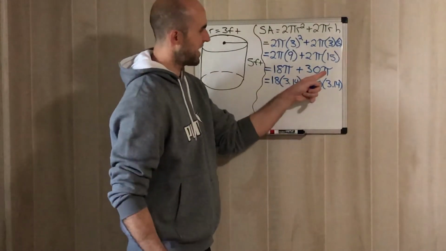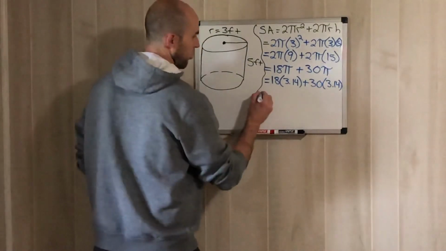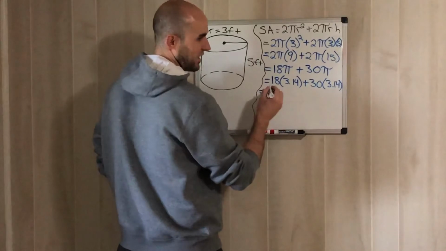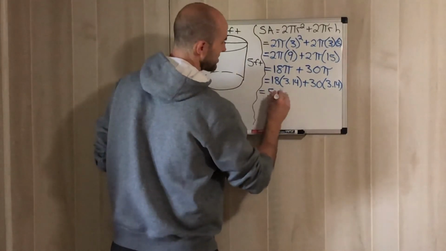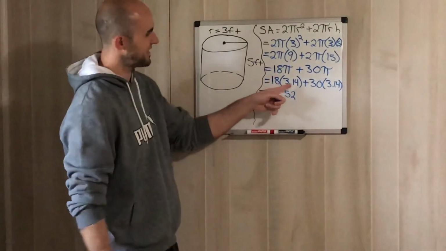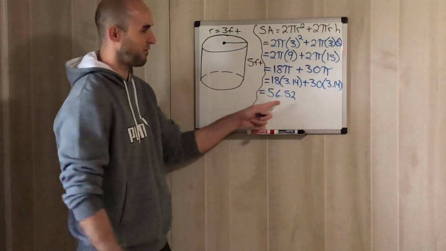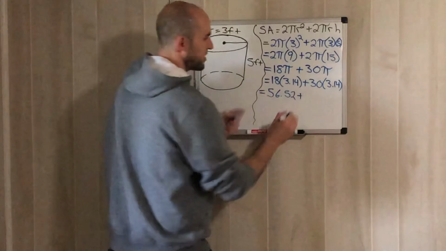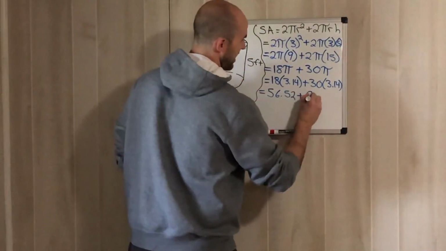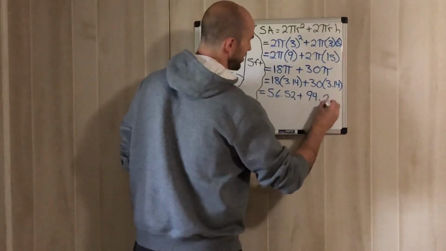We have 30 times 3.14. Once we simplify, 18 times 3.14 gives me 56.52. When we multiply 30 and 3.14, it gives me 94.2.